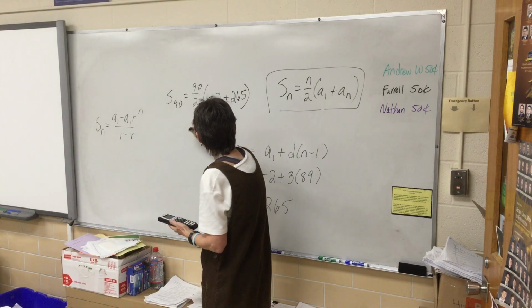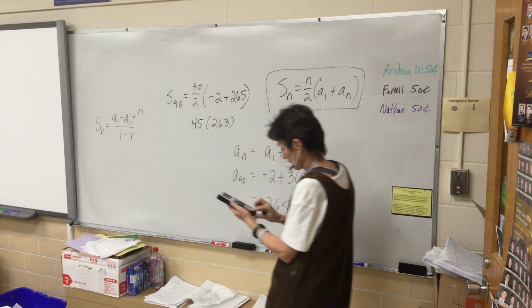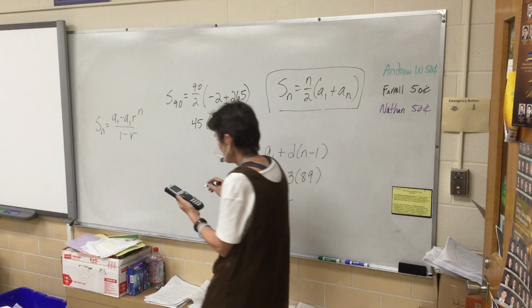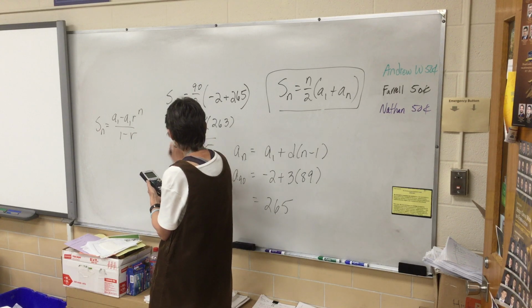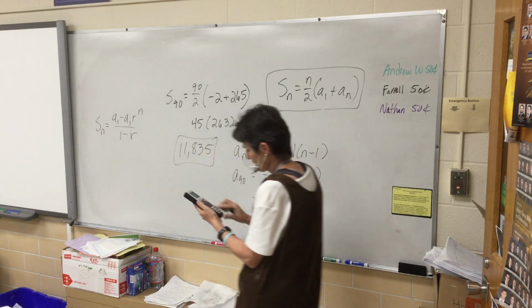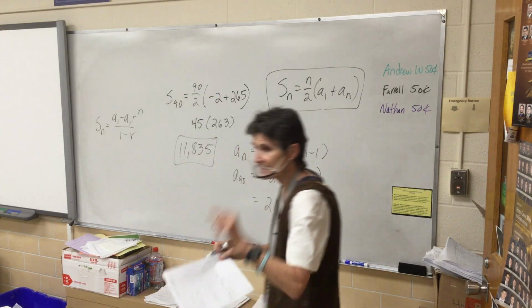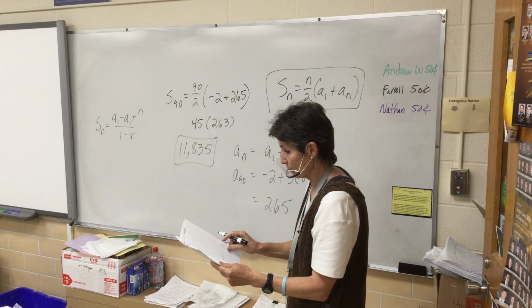So that's 45 times 263. The answer to the problem is 11,835. That is what you would get if you actually sat there and typed it in over and over again.